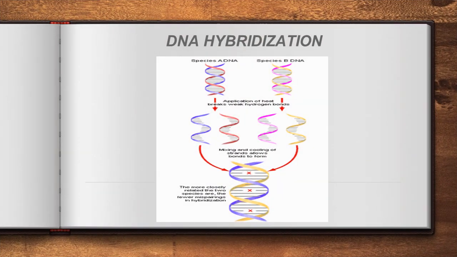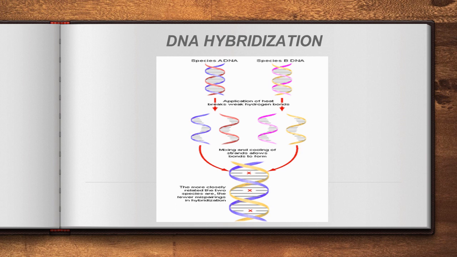Next, the DNA hybridization method. DNA hybridization is nothing else but this. Have you heard the word hybrid? Hybrid means a combination of two different species. Here also it is the same method. Here there are two DNAs, DNA A and DNA B, and DNA is a double helix structure.